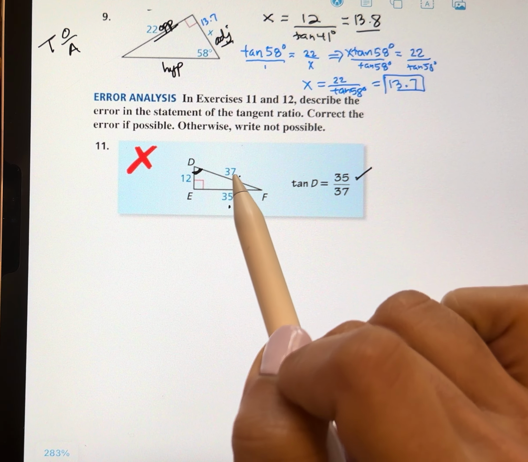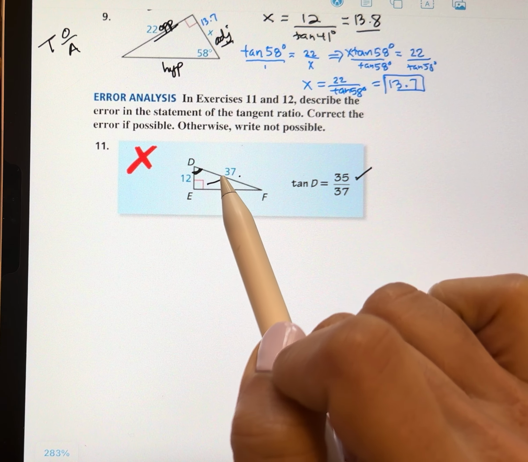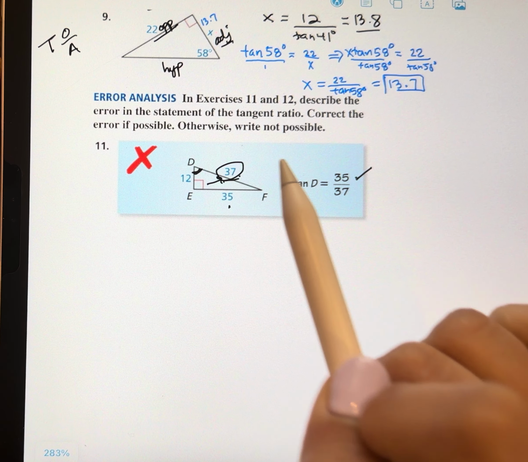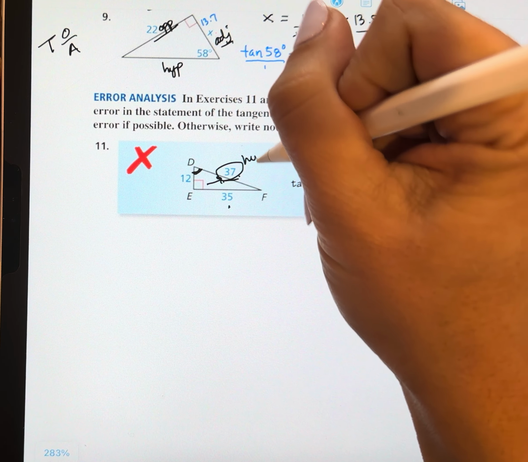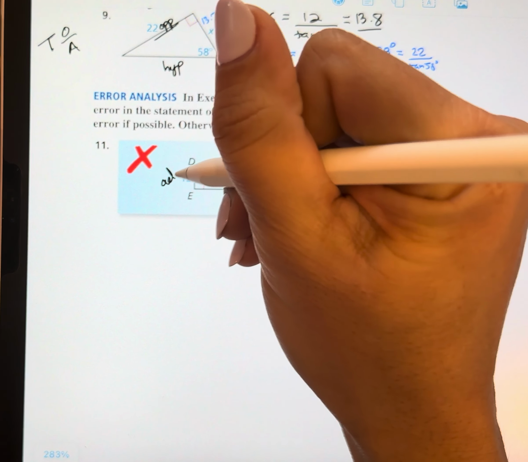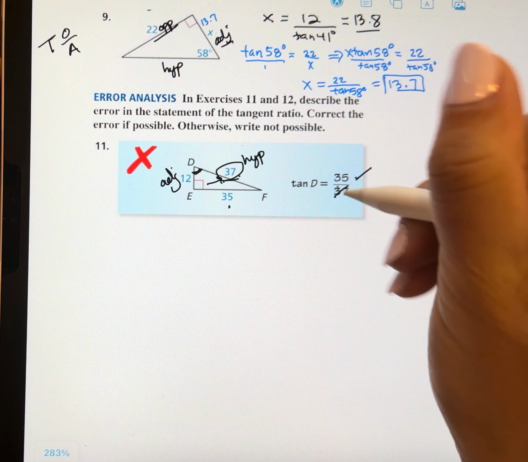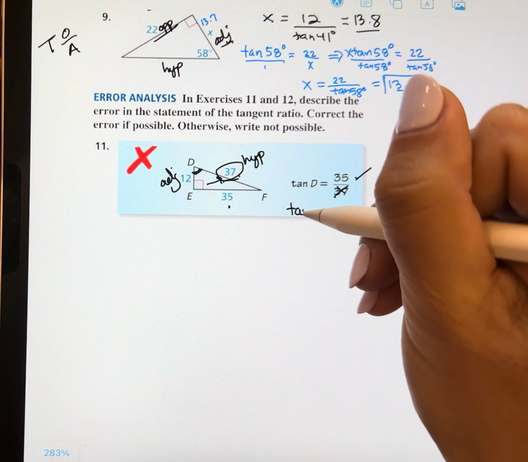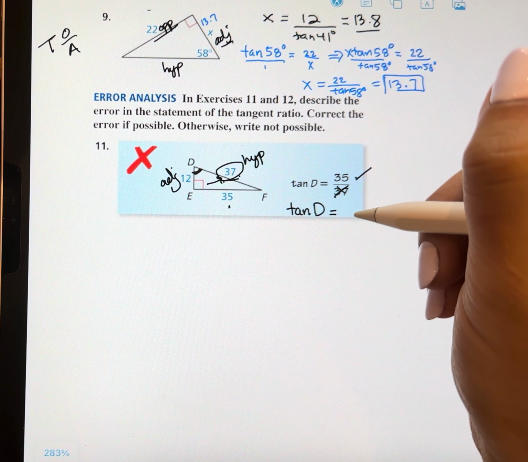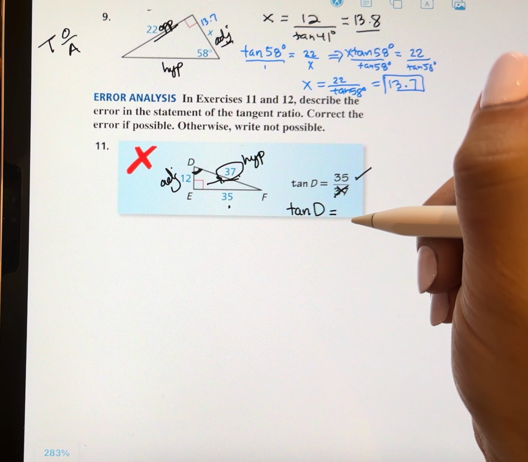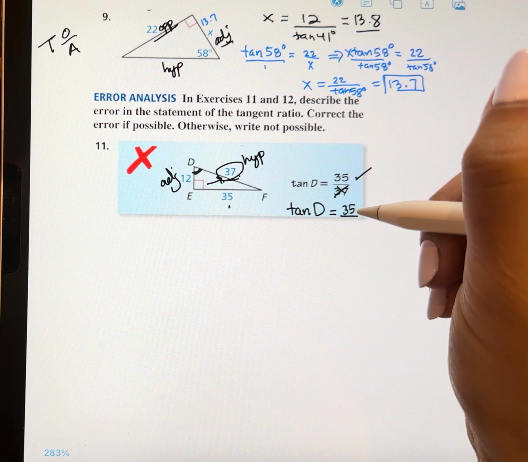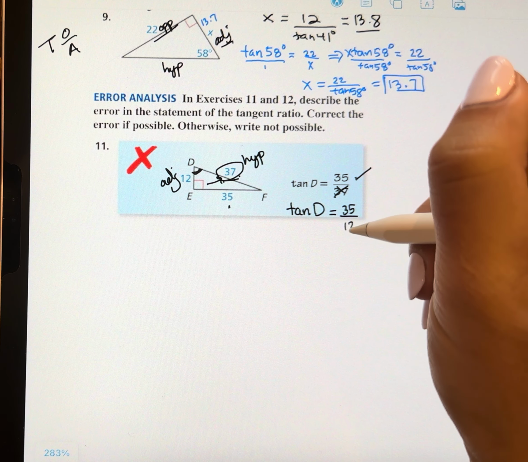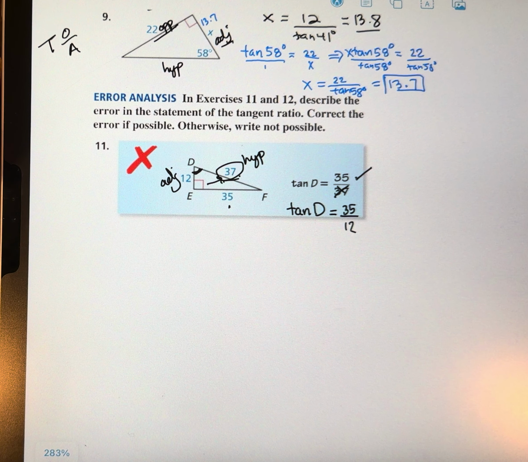I mean, it does look like it's next to it, but unfortunately, they fell into the trap. They didn't circle their hypotenuse first. This is the hypotenuse, and this is the adjacent. They should have written tangent of D equals opposite, which is 35, over adjacent, which is 12. Okay?